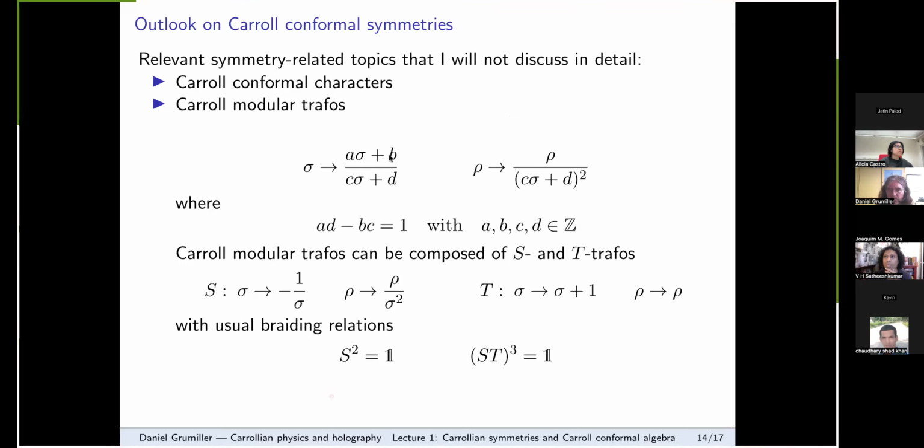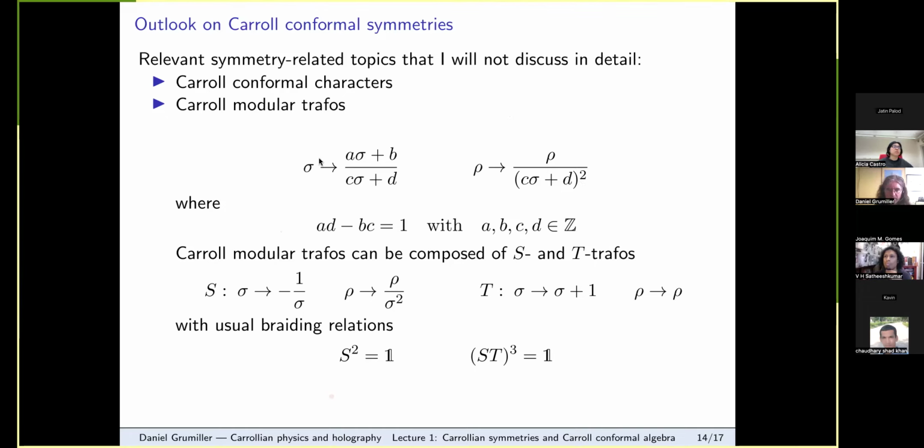So sigma goes to a sigma plus b over c sigma plus d, where a, b, c, d are integers subject to the unit determinant constraint ad minus bc is equal to 1. So if you're familiar with modular transformations in the relativistic case, then you will recognize that this is exactly the same transformation behavior. But this other modular parameter rho transforms in a different way. It transforms more like a modular vector, so it transforms into rho over c sigma plus d squared.